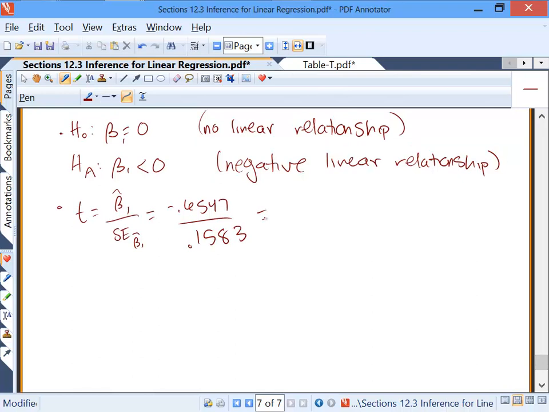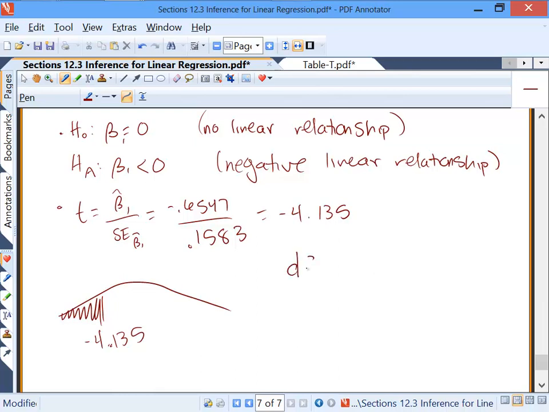This gives me negative 4.135. So we're at negative 4.135. We're looking for the area to the left.